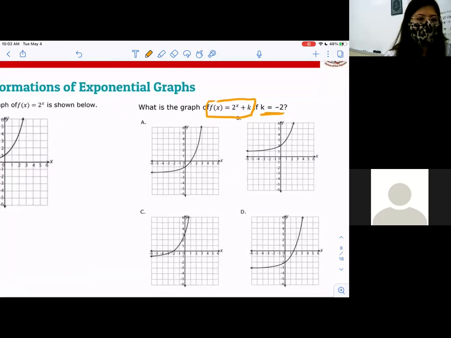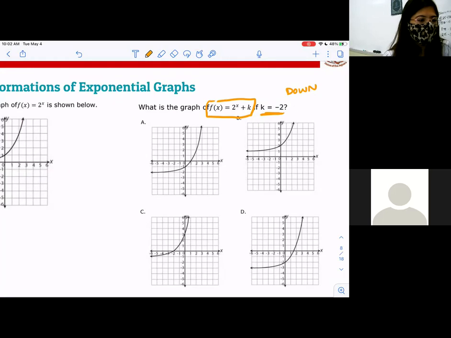It's going in what direction? Left or down? Down. Yeah. Remember that k is your vertical transformation. So it's either going to go up or down. But since it's negative, -2, it's going to be going down.